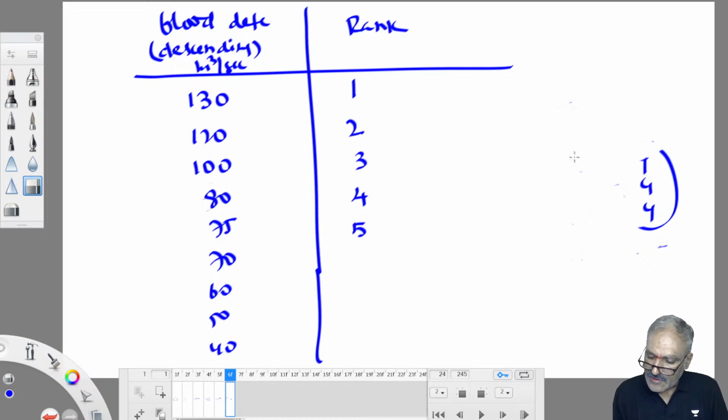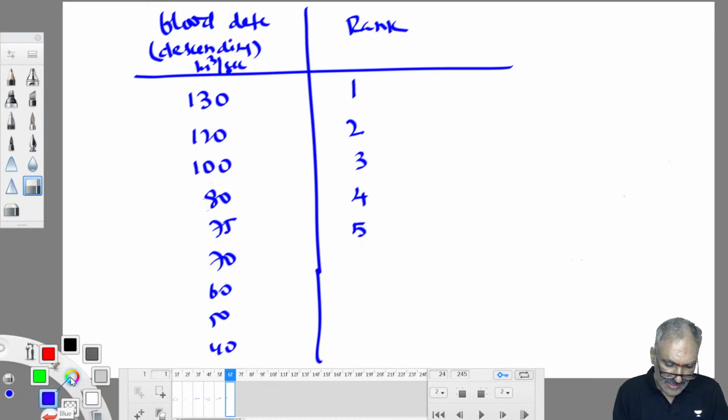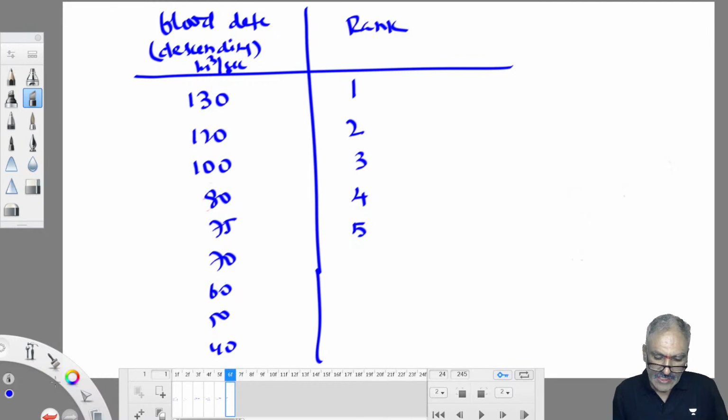So what you need to do? Whenever the magnitude is the same, give the same rank. While assigning the rank for the next lower magnitude, skip a few ranks. Suppose 2 times it is repeated, 2 ranks are skipped. 3 times it is repeated, 3 ranks are skipped. It's exactly the same. Here no such problem. This is plain: 4, 5, 6, 7, 8, 9.